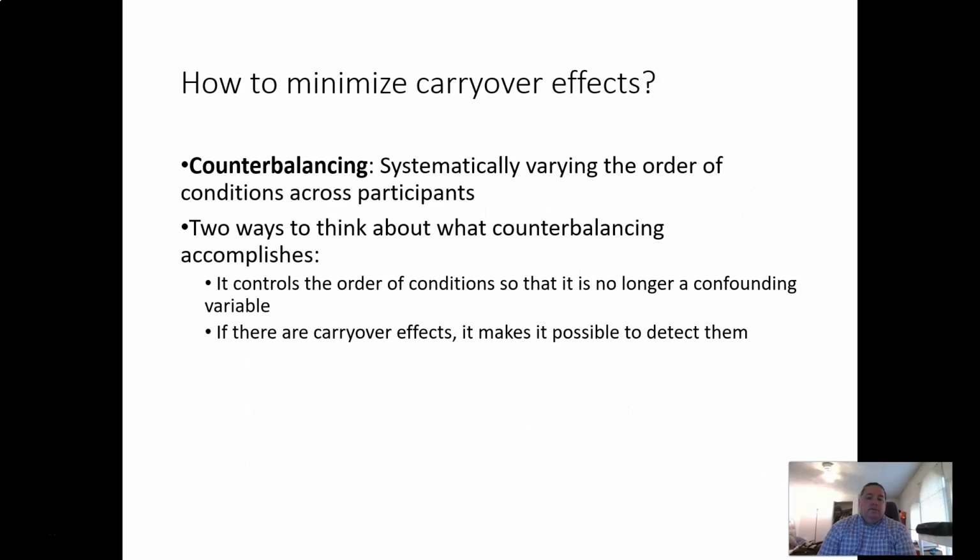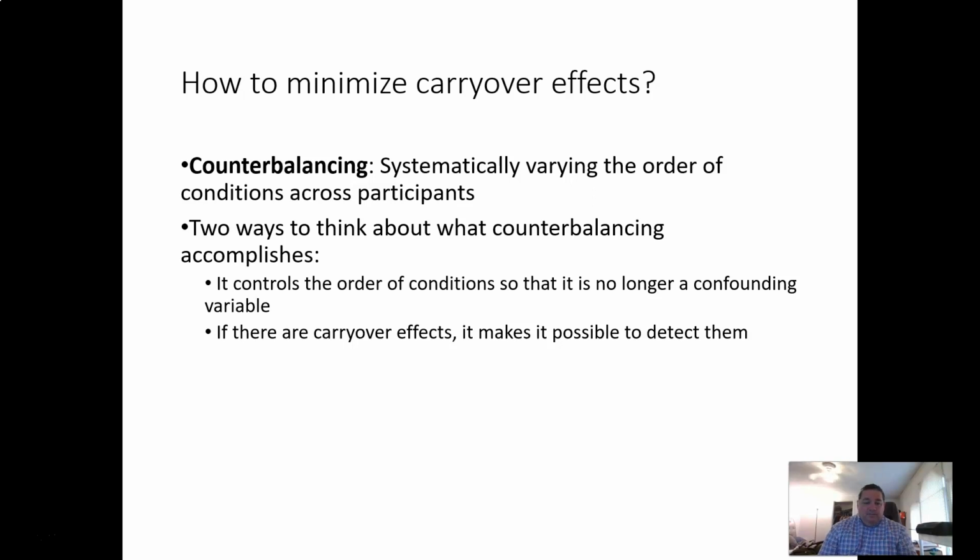So how to minimize carryover effects? Counterbalancing is one way, systematically varying the order of conditions across participants. So if you have individuals taking all four conditions, one person would be assigned to condition 1, condition 2, condition 3, condition 4.